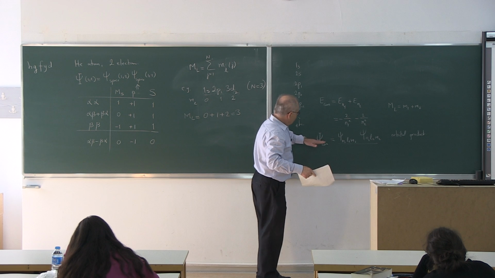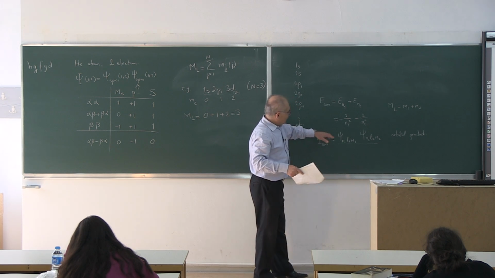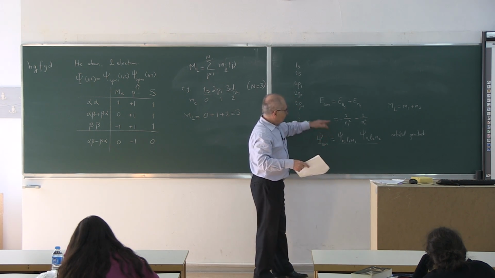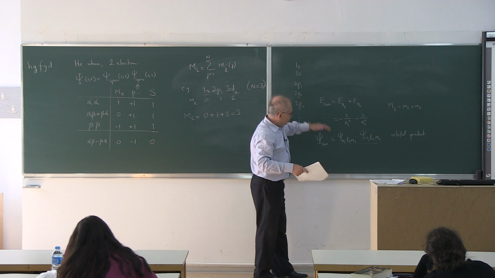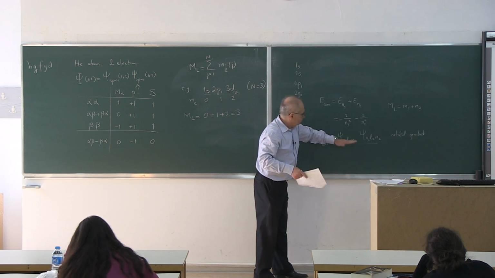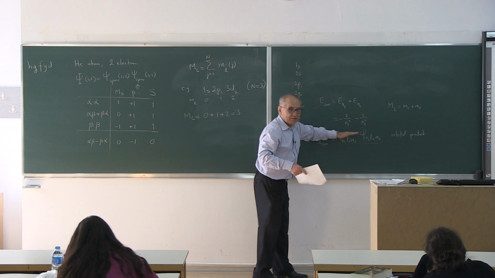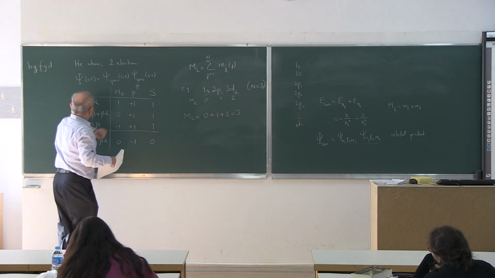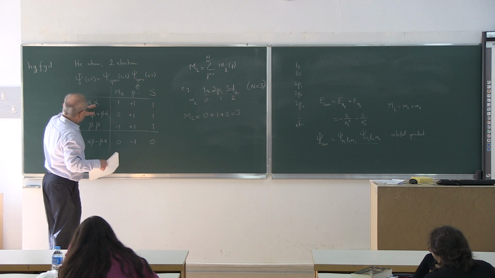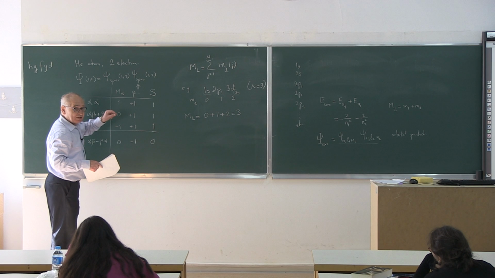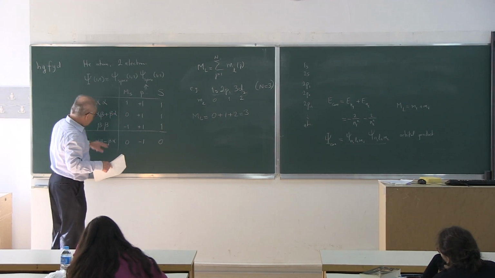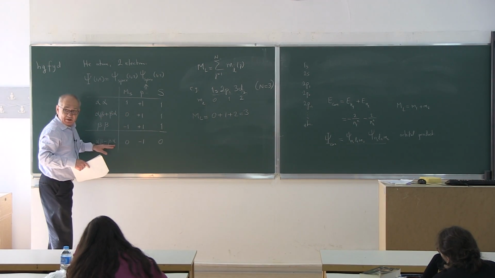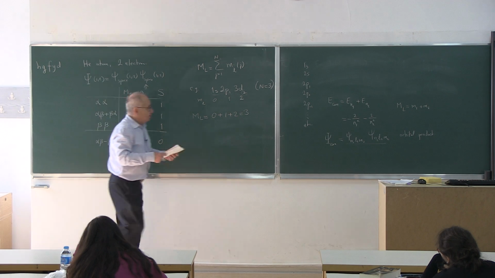So, the space part of the state function is taken as an orbital product, and the spin part in this expression is one of these 3 spin functions for the triplet state, and this spin function for the singlet state.